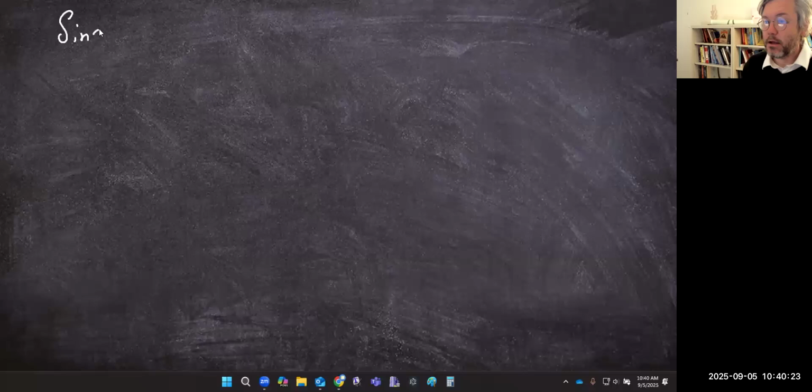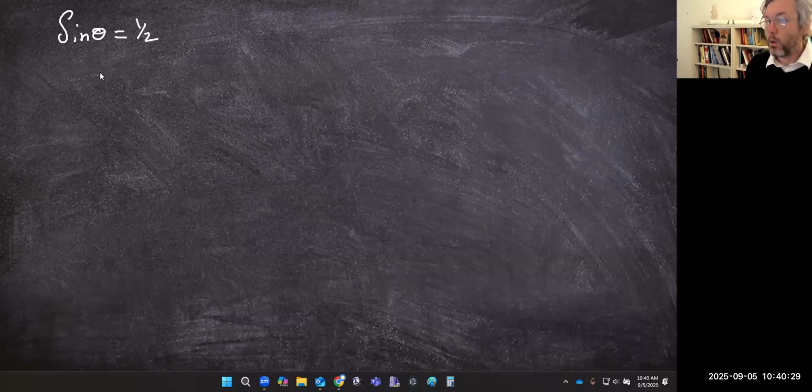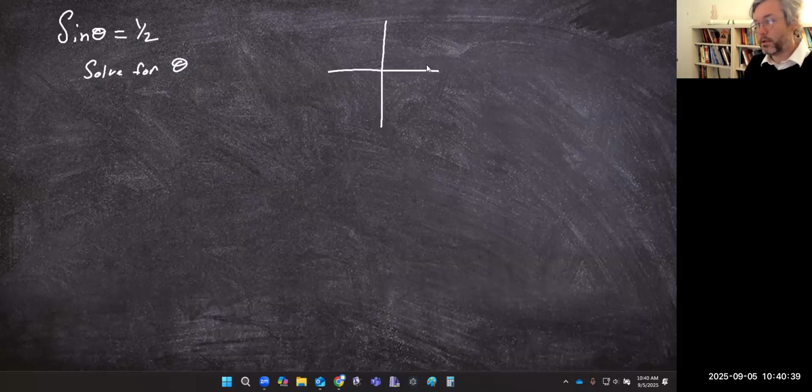What is going on with sine theta equals 1/2, where you solve for theta? Theta is the angle in which it occurs. Here, there isn't a restriction. You can manipulate things and do it with the inverse as we did before.